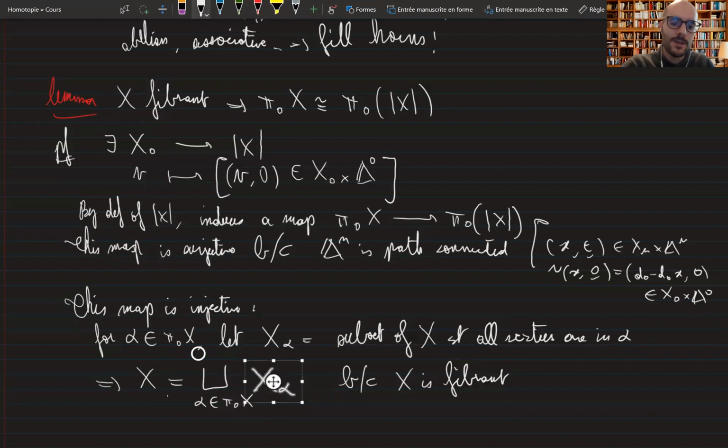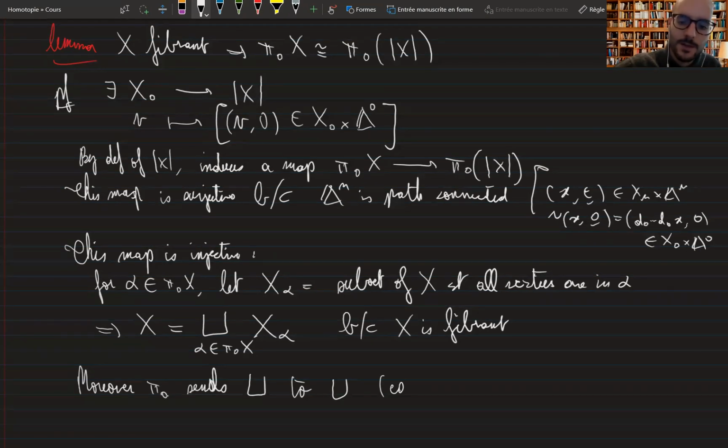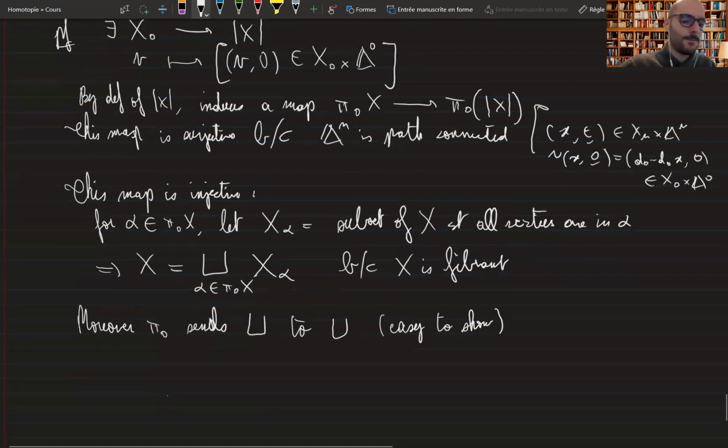And so every element of X is in one of these simplicial sets. And these form subsimplicial sets, and there is nothing between the two. There is no edge that connects elements of X_alpha for different alpha. Okay. So moreover, π_0 sends the disjoint union to the disjoint union. This is easy to show.